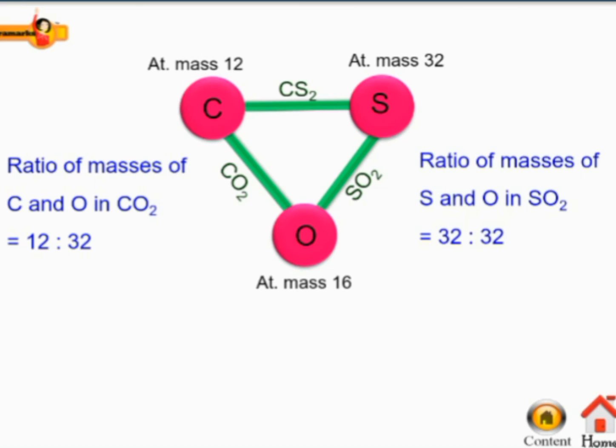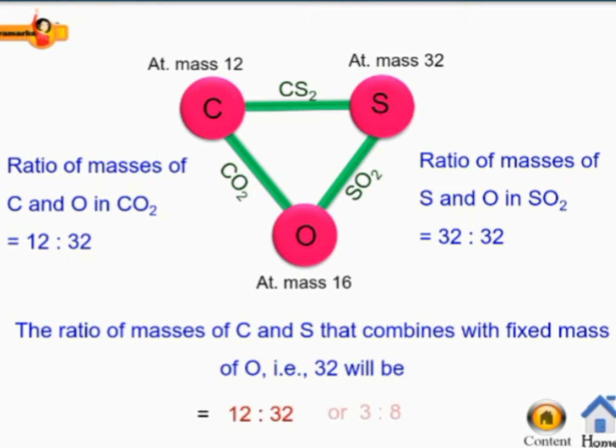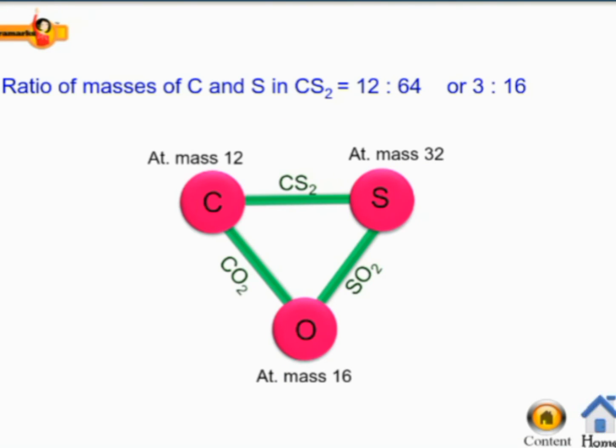In sulfur dioxide, the ratio of masses of sulfur and oxygen is 32:32. The ratio of masses of carbon and sulfur that combine with a fixed mass of oxygen, that is 32, will be 3:8. In carbon disulfide, the ratio of masses of carbon and sulfur is 12:64 or 3:16.